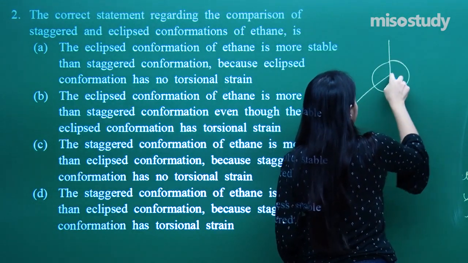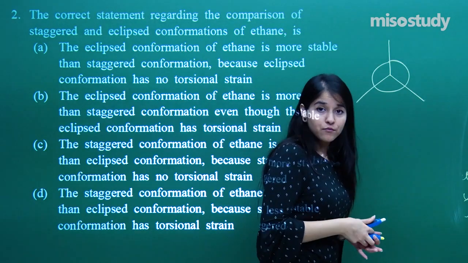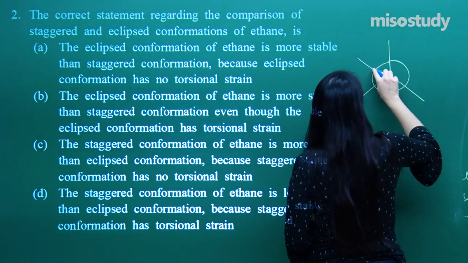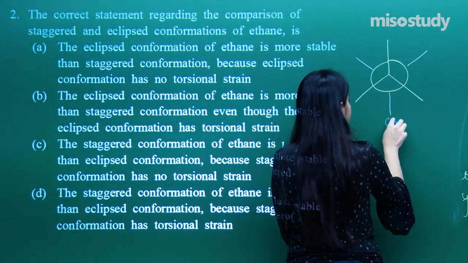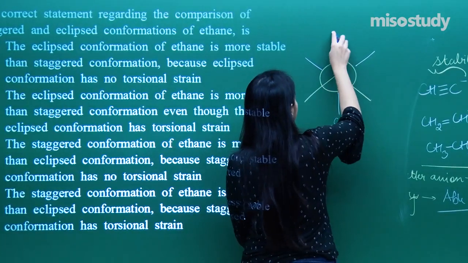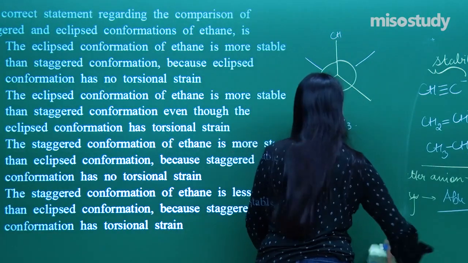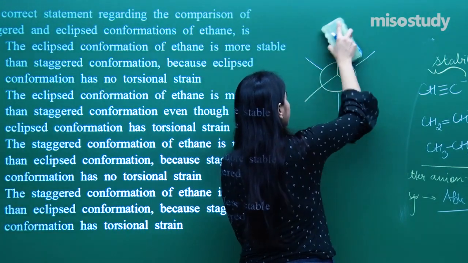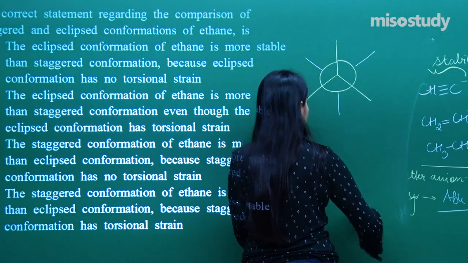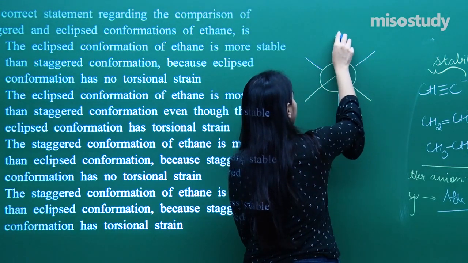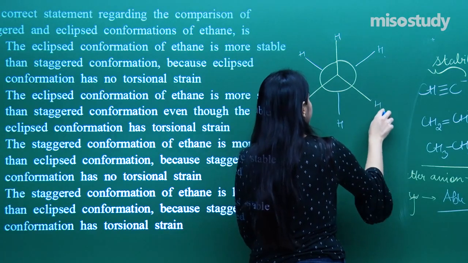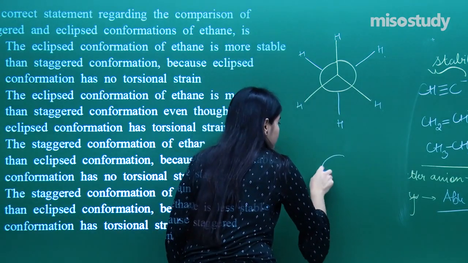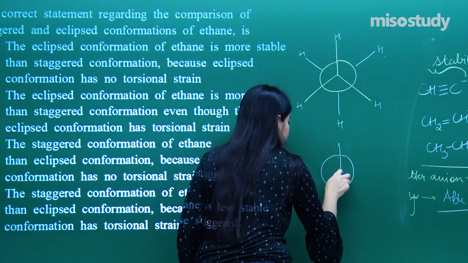I need the conformations for the ethane molecule in this case. Ethane means 2 carbons. I have already drawn the 2 carbons. I need to mention the rest of the hydrogens now. And again I am drawing another structure.